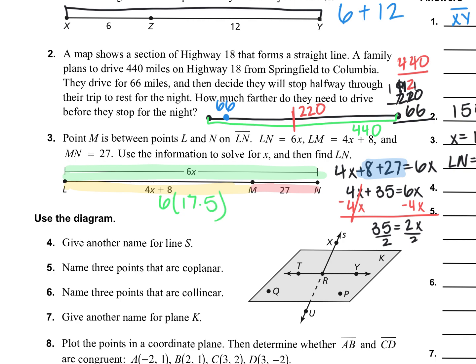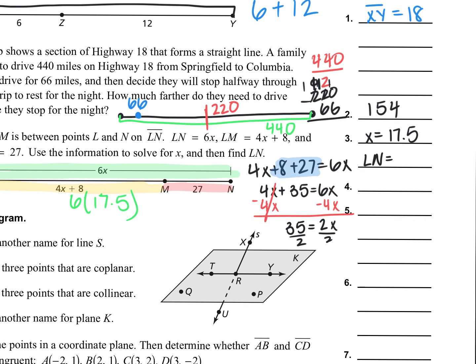If we multiply correctly, what would our answer be? 105.0. It'll just be 105. Please write it out if you have to. You will not get a calculator on the test.